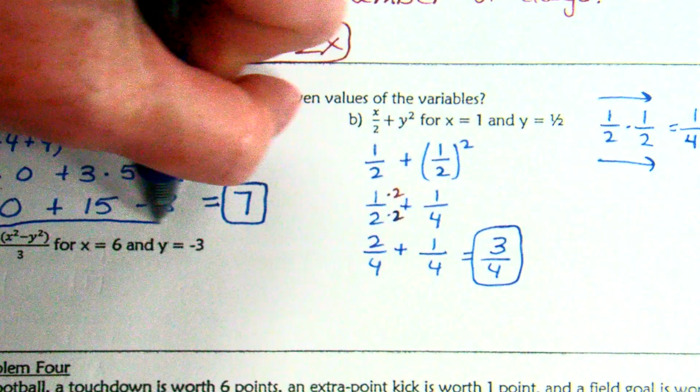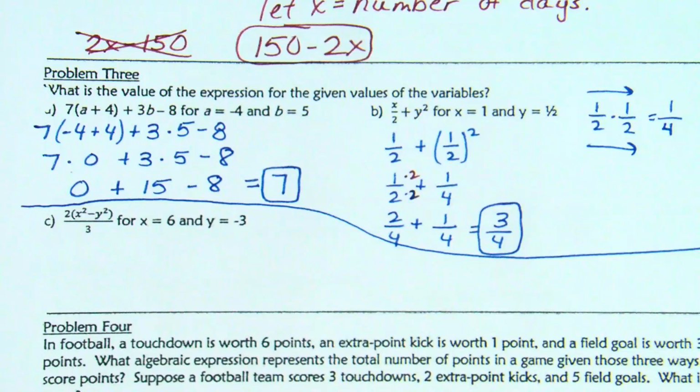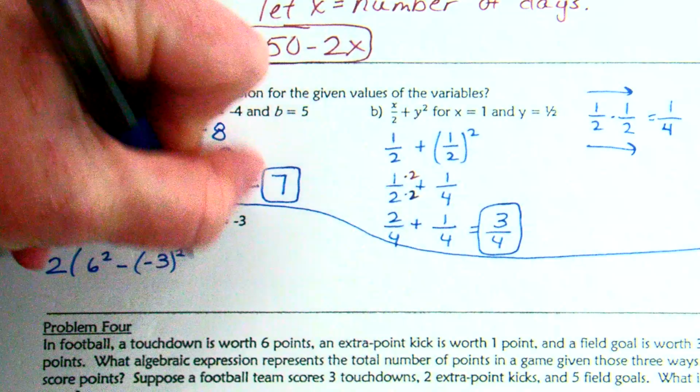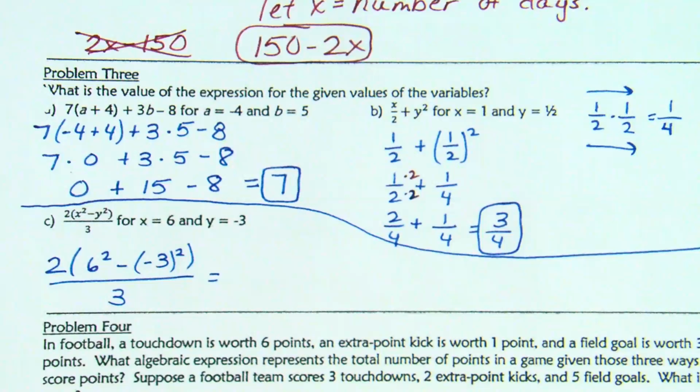Okay, let's look at C. What's the first thing I'm going to do on C? Plug in those values, right? So 2 times 6 squared minus negative 3 squared all over 3.